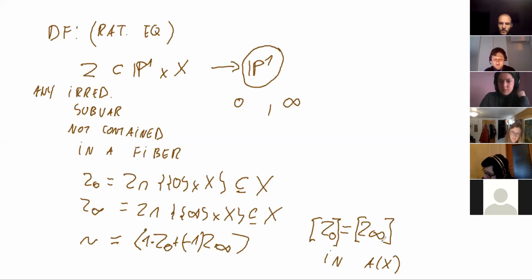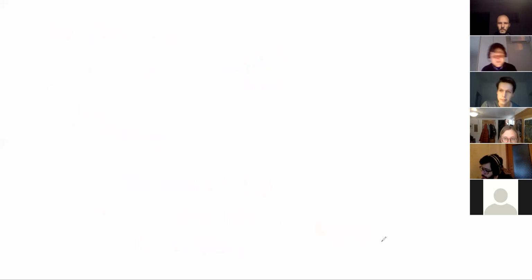Okay, so can I go to the next slide? Another question, maybe? Yes. Is it clear that Z0 and Z infinity are irreducible? No, they can be reducible. So they might be even not reduced, which is even worse. So if there is a question about that, let me say.